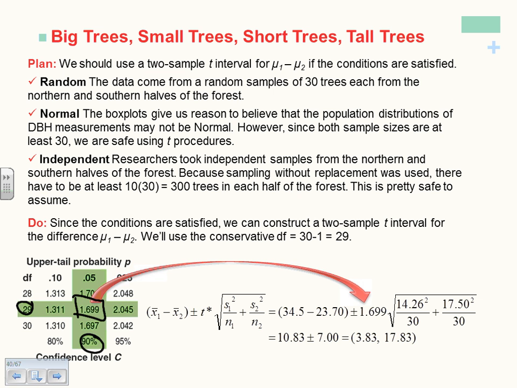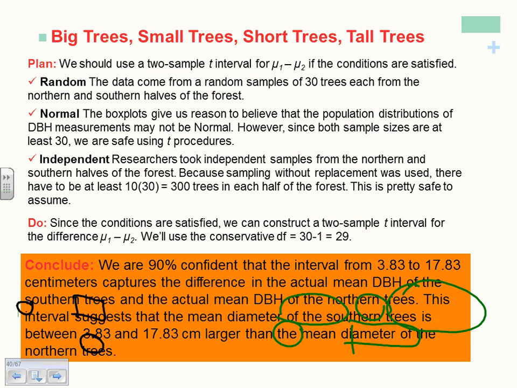And then mu sub 1 minus mu sub 2 was right here. So there's your mu sub 1 minus mu sub 2, and you can simplify that down. And then you have your T star times your standard error. And when you simplify, you can get your interval. So here we are 90% confident that the interval from 3.83 to 17.83 centimeters captures the true difference in the actual mean of DBH of the southern trees and the actual mean of the DBH of the northern trees.